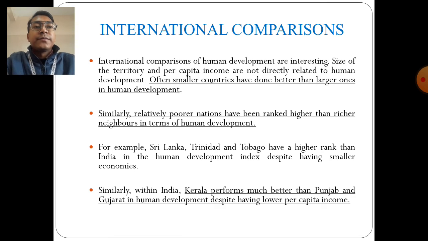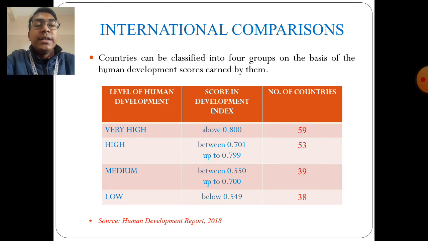As I said when I started this topic, the countries are provided with a score, and on the basis of the score they get, the countries are provided with different ranks. The score ranges between 0 to 1, and here we have divided the countries into 4 different groups depending upon the score.